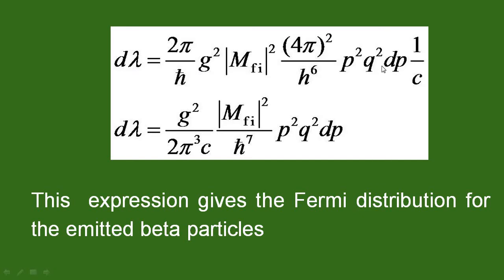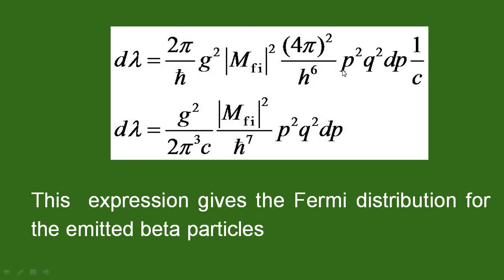And in this, now what we are doing is, this is H cross and this is H. Now you can replace this H with H cross by dividing this with 2 pi whole raised to the power 6.